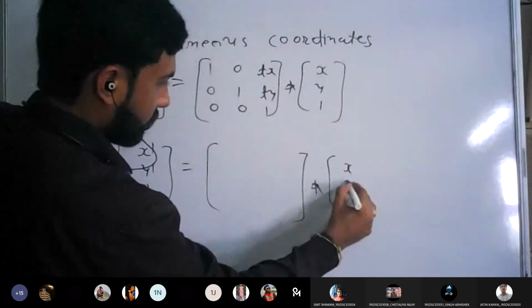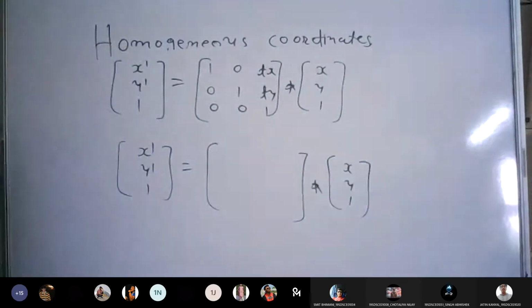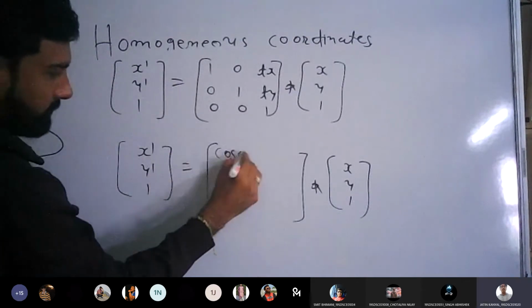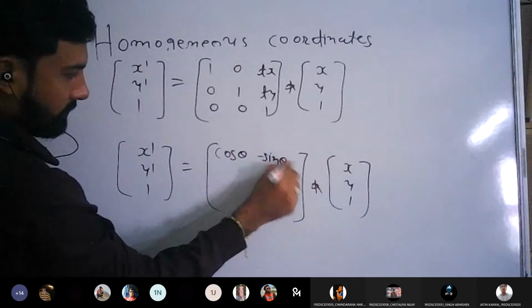into x, y, and 1. Can you help me to write something here so that I can get the equations for rotation? Sir, x cos theta minus sin theta or 0.